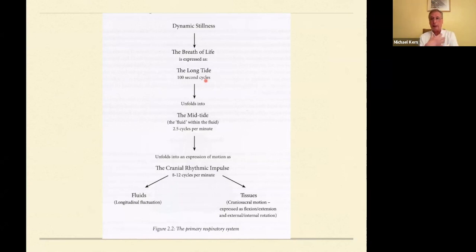One of the early ideas that Sutherland had was that maybe these rhythmic movements are initially generated within the brain, within the spinal cord, and from there they start to move out and affect and spread to the bones and to the rest of the body.